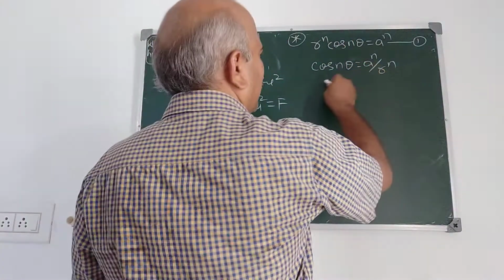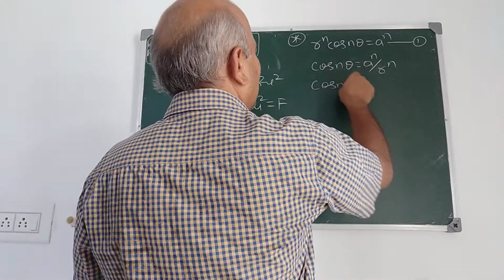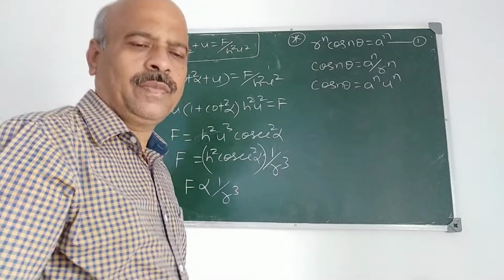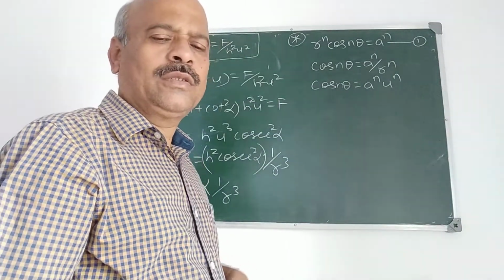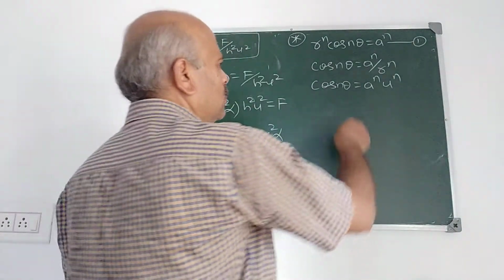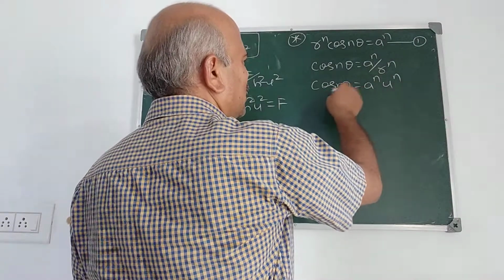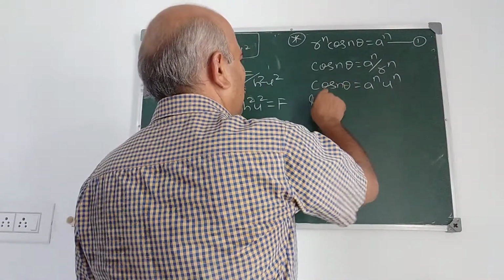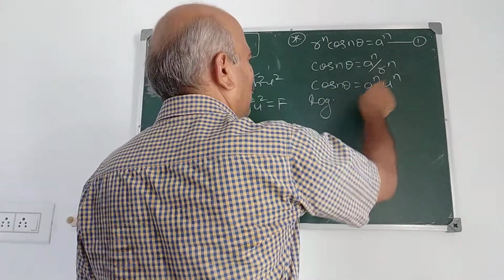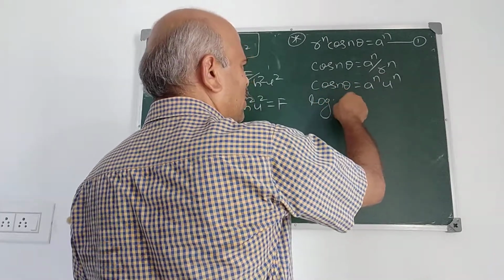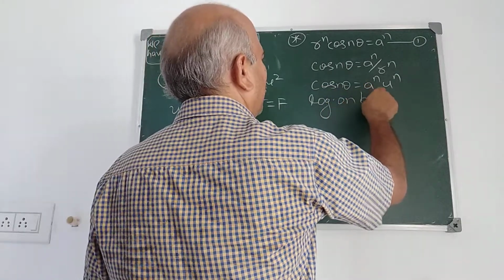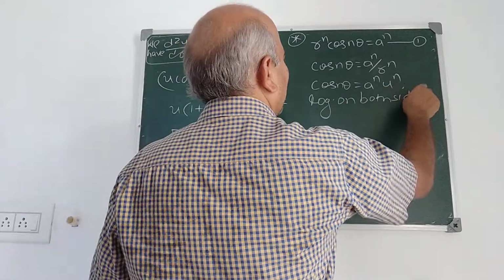For that, we have cos n theta is a raised to n, u raised to n. Now, we have to differentiate. For that, we take log, because when there is a power, if you take log, differentiation will be easier. Take log on both sides.